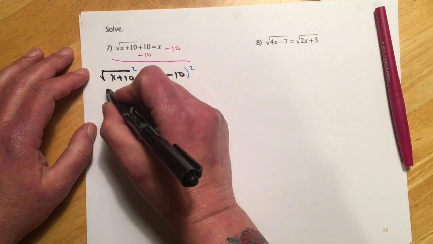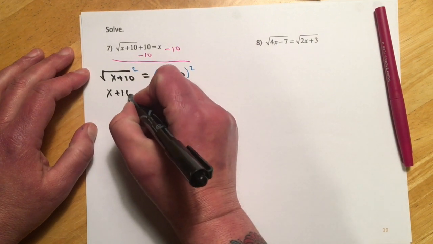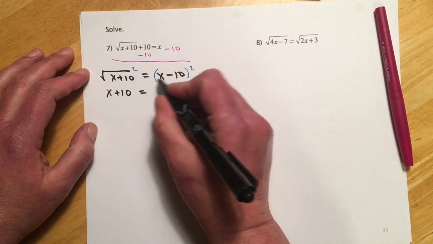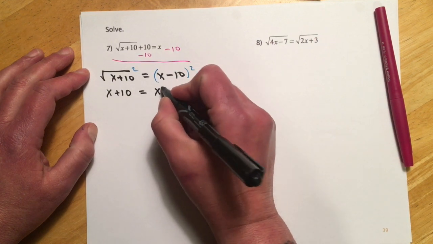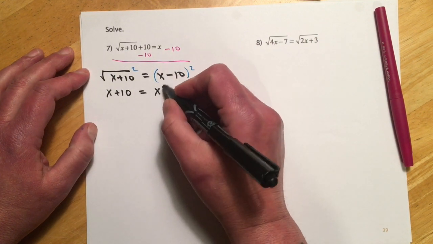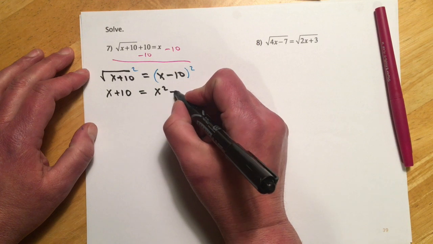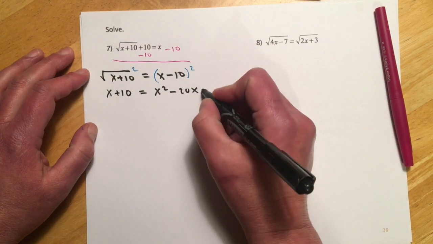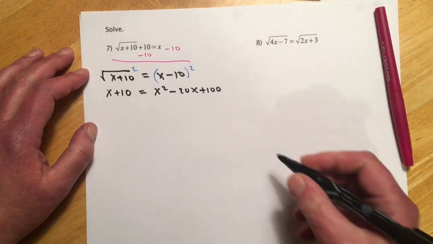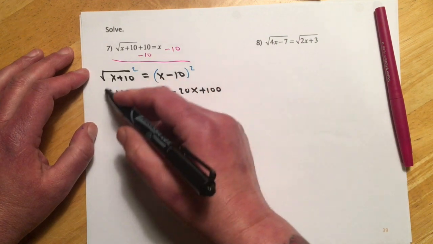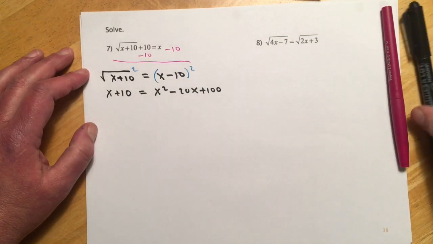So this undoes the root. So I got my x plus 10. And then this, I'm using that shortcut FOIL, so it'd go x squared, 2 times 10 would be 20x, and 10 times 10 would be 100. So this one came out quadratic, so that means I want to get everything over to one side.